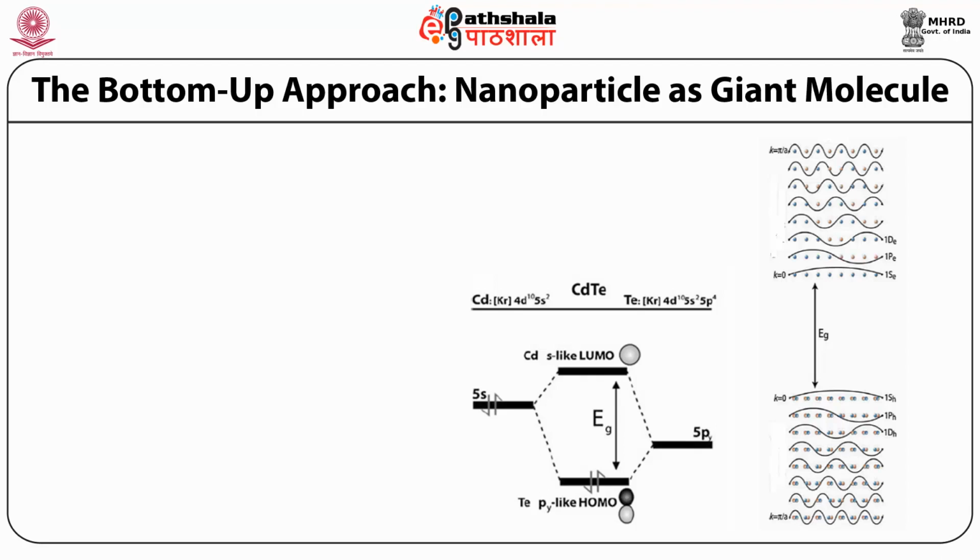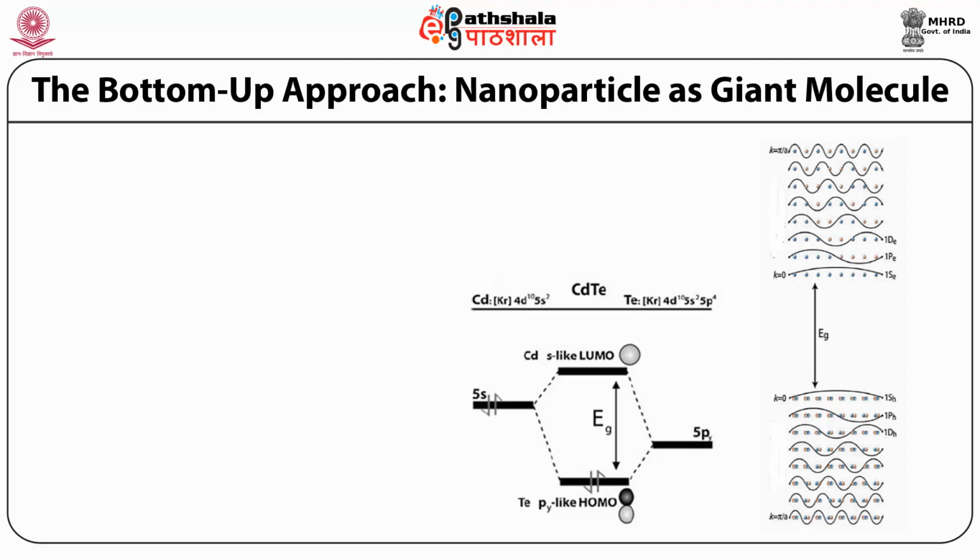So in the case of cadmium telluride, the LUMO conduction band comprises linear combinations of the empty 5s atomic orbitals of cadmium 2+, and the HOMO valence band comprises p orbitals of Te2-.